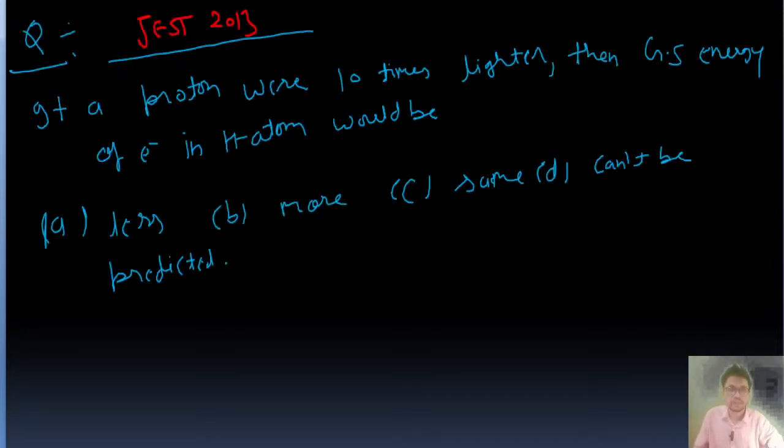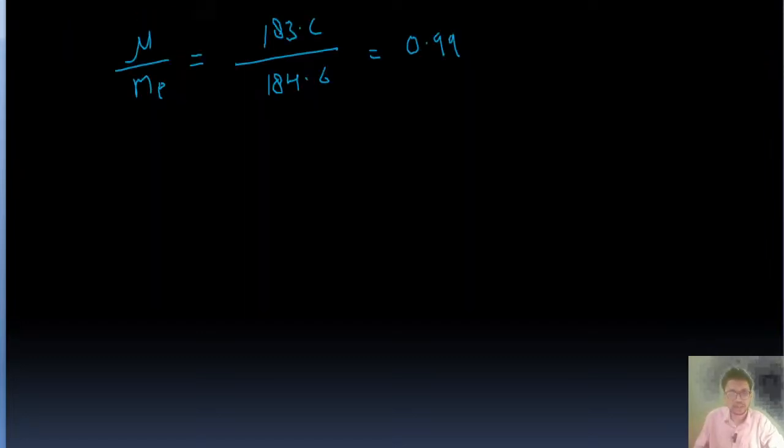Now this is the ground state of hydrogen atom, where proton is 10 times lighter, right? So since we know E1, the ground state of hydrogen atom when proton mass is normal, is minus 13.6 electron volt, right?